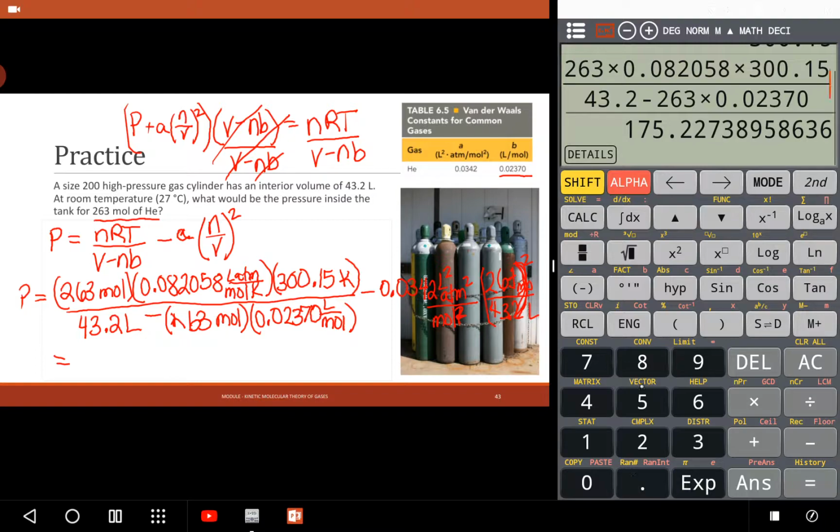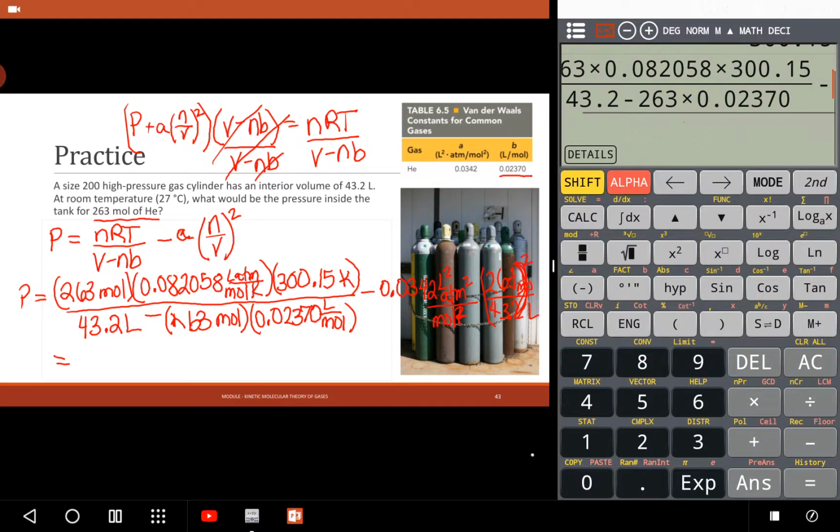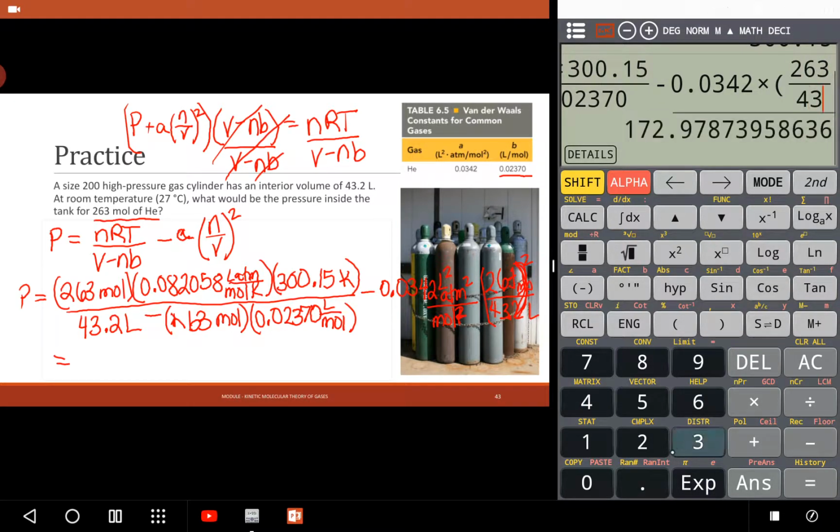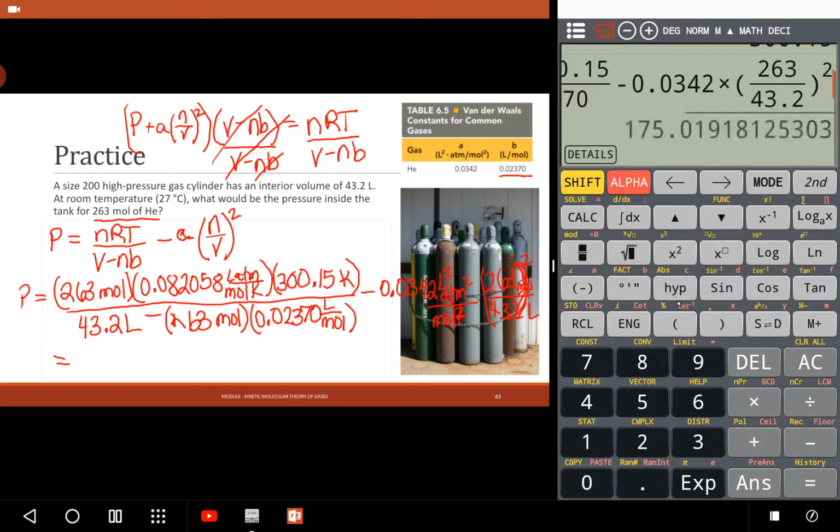And then I have to subtract out my A, which is 0.0342 times open parentheses 263 divided by 43.2 close parentheses, and then I got to square that term.